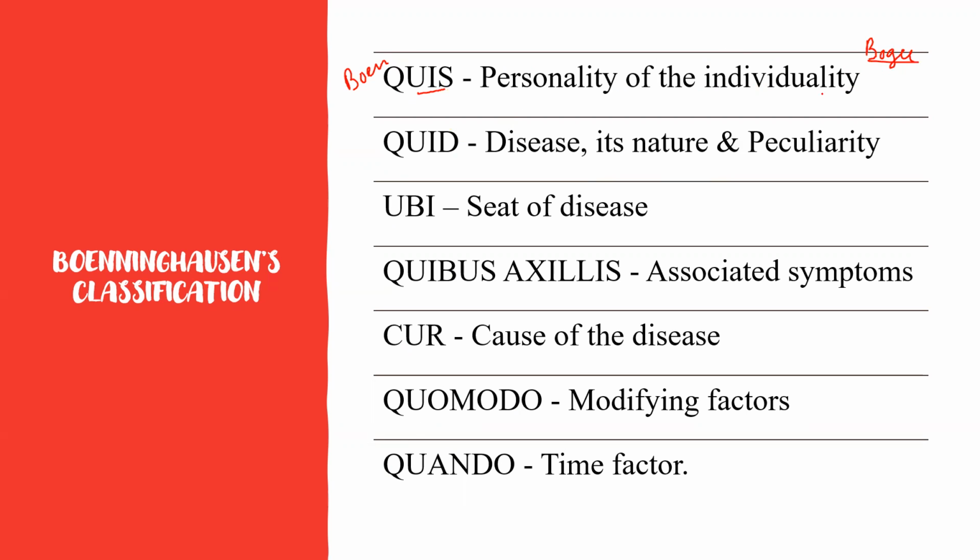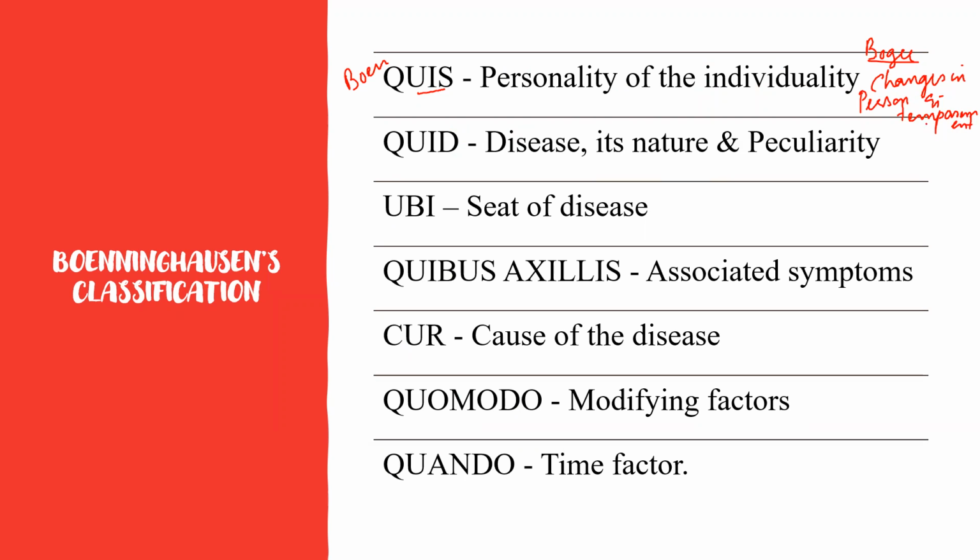So, quis in Bonninghausen means personality of the individual. In the same way, Boger says changes in personality and temperament as the first one.